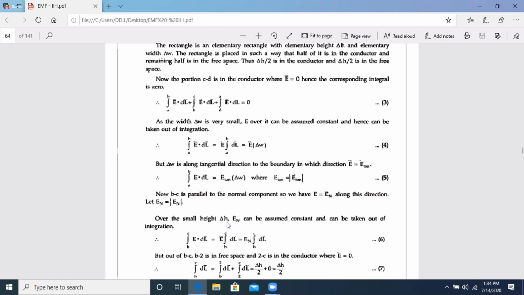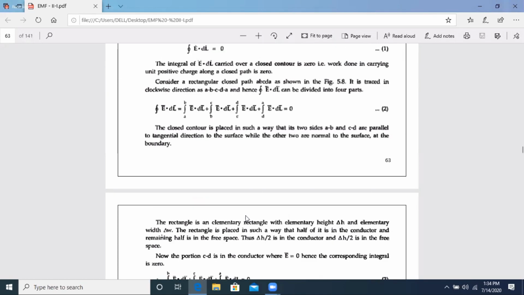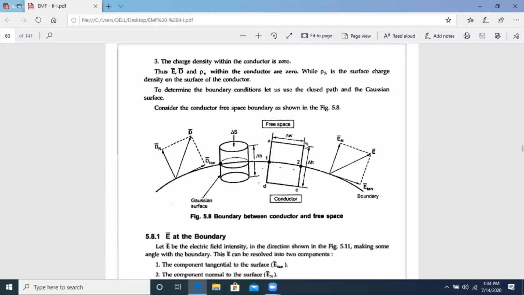For as we shrink delta H, so we shrink this all the way to the surface.